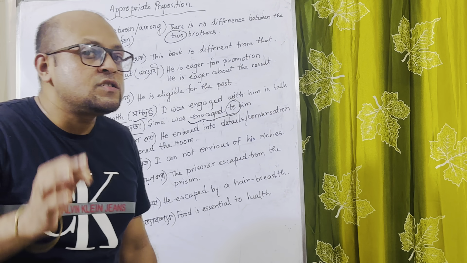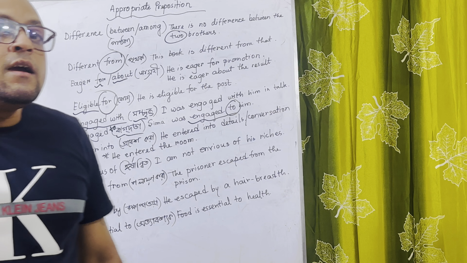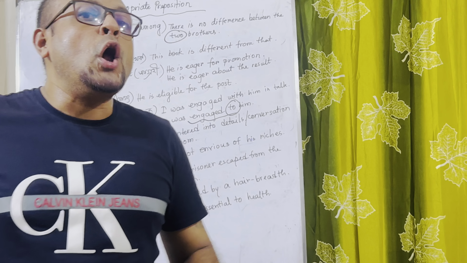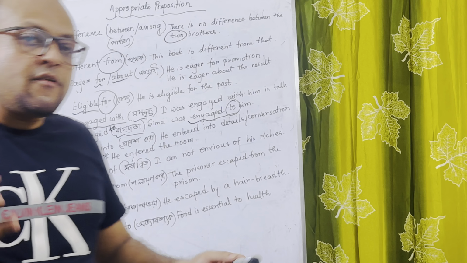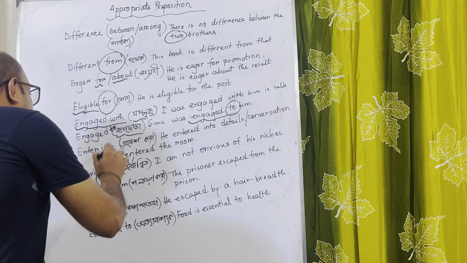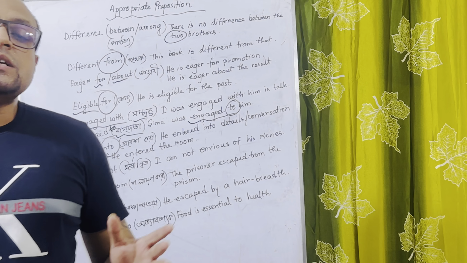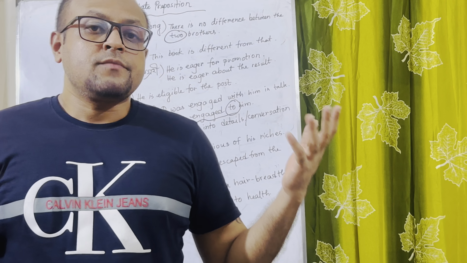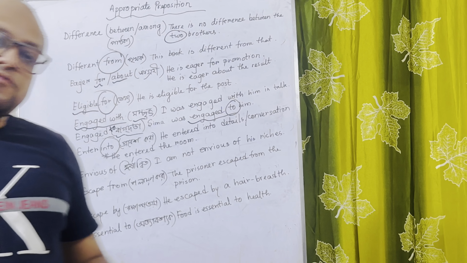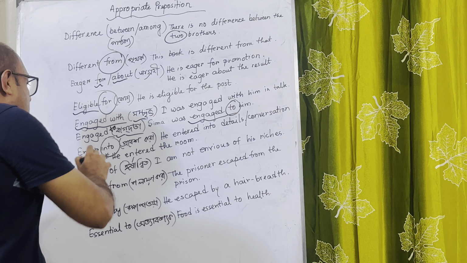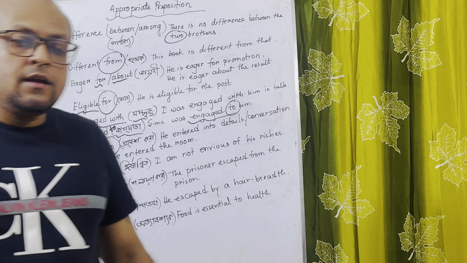Next one is the most important confusion in English language in non-native countries. For example, in our countries, most often it is thought that the preposition into is always followed by enter. So it comes after enter. But the problem is not all the time.